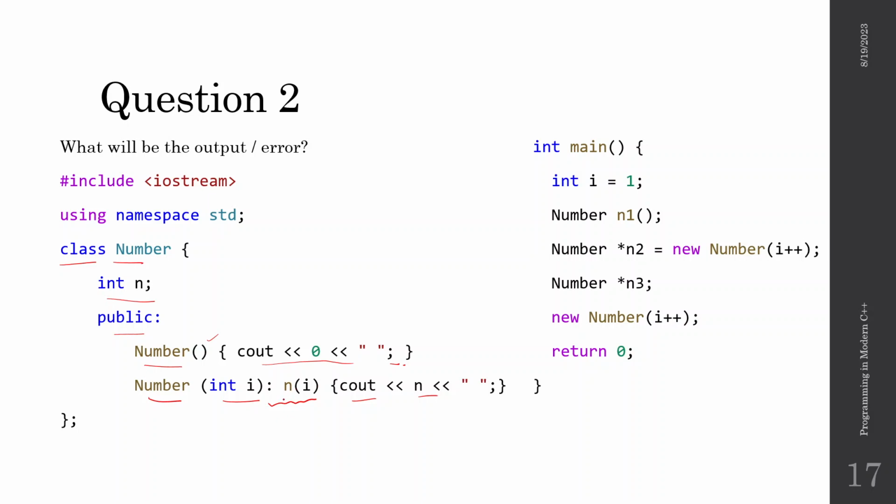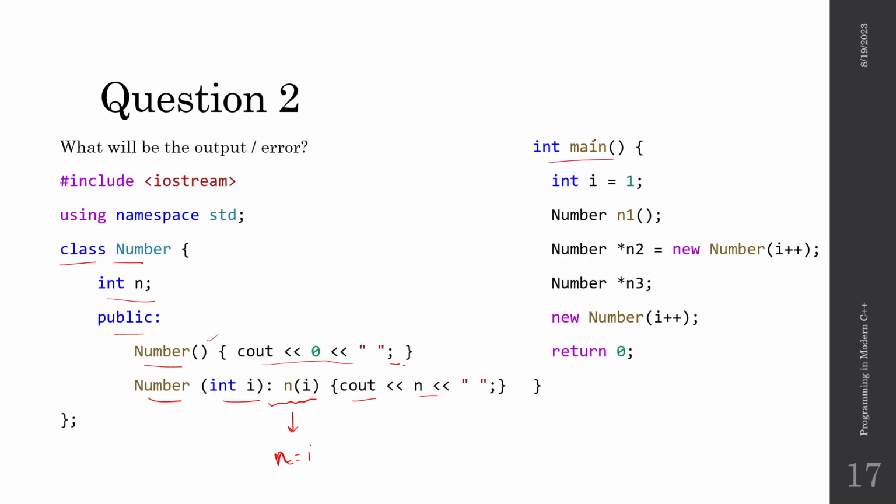This is equivalent to n equal to I, initializing n with I, and then in the body we print the value of n. So this is the definition of both the constructors.